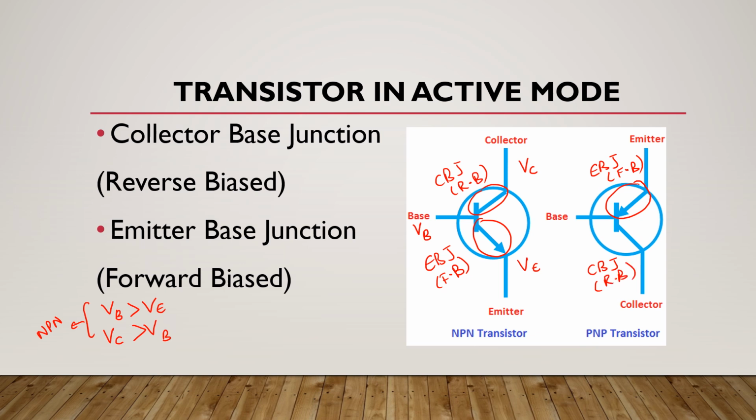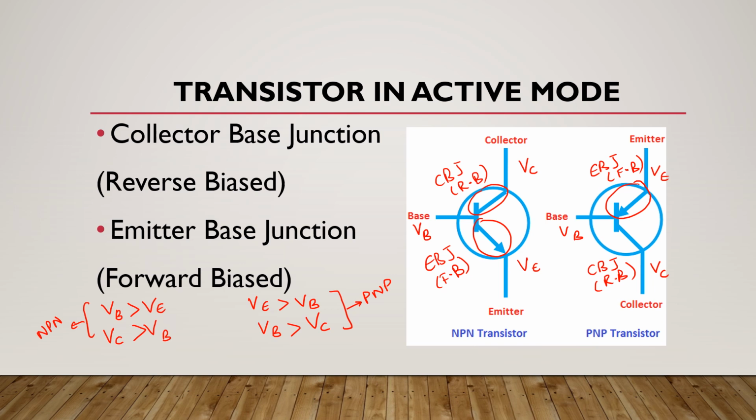Now in this case, because here we know that the voltage is VE, here the voltage is VB, and here the voltage is VC, this VE is greater than VB, and this VB is greater than VC. Okay, so this is the condition of a PNP transistor in active mode.